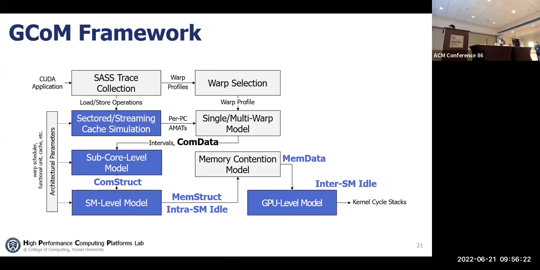The subcore level model and SM model of GCoM calculate the compute structural stall, memory structural stall, and intra-SM idle stalls as explained. Note that the cache simulator is modified beforehand to estimate the correct amount of memory data stall. Finally, the GPU level model estimates the inter-SM idle stalls and generates the final cycle stacks.